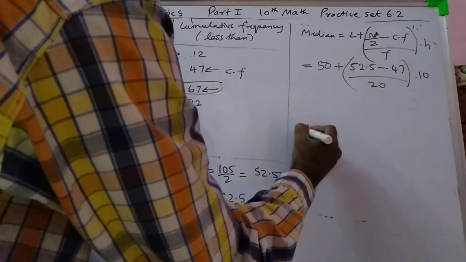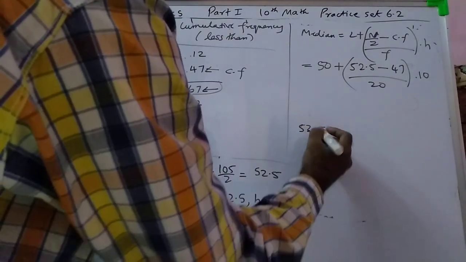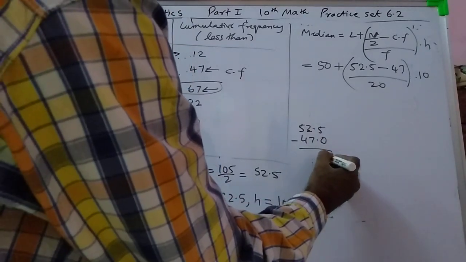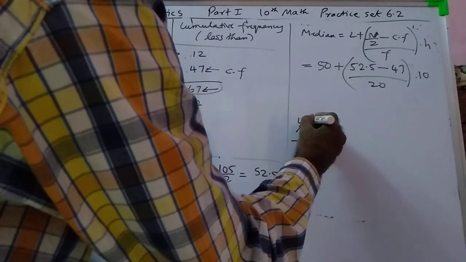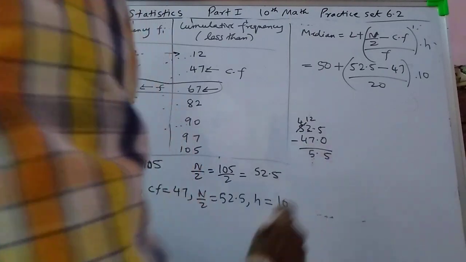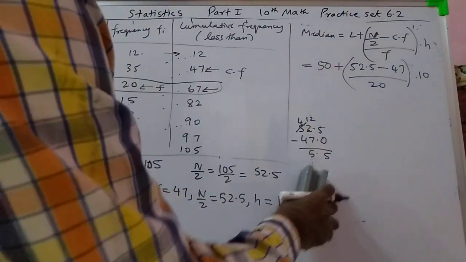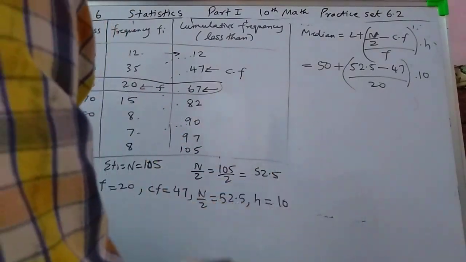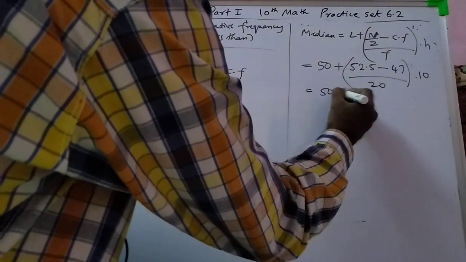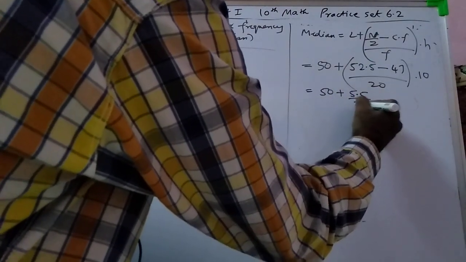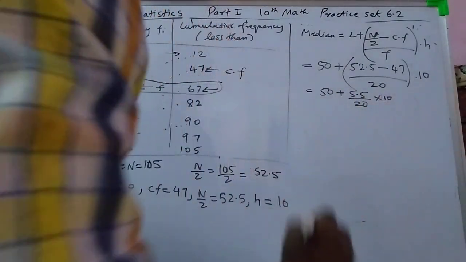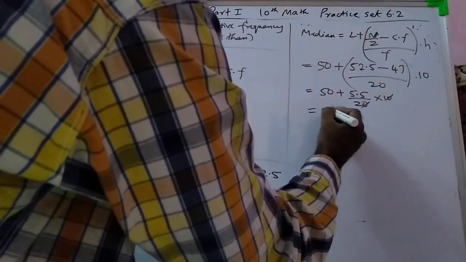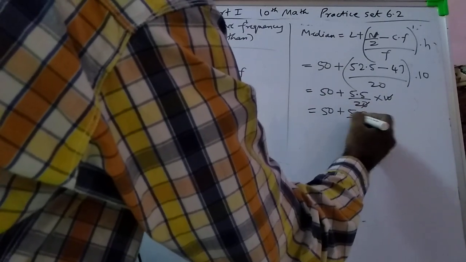That part we will calculate here, 52.5 minus 47, that will become 5.5. That will become 50 plus 5.5 upon 20 into 10. Okay. You can cut this. 50 plus 5.5 upon 2.